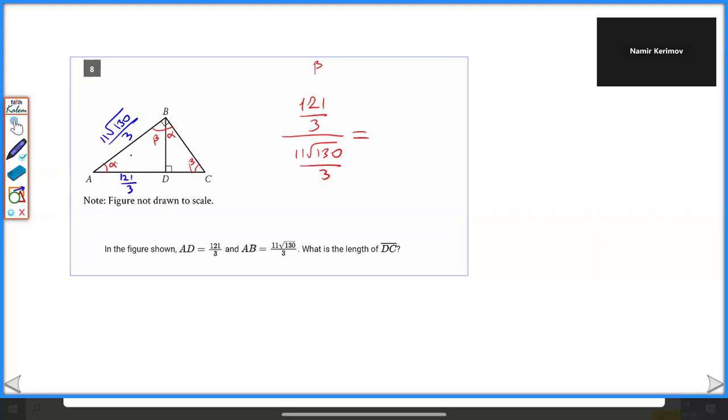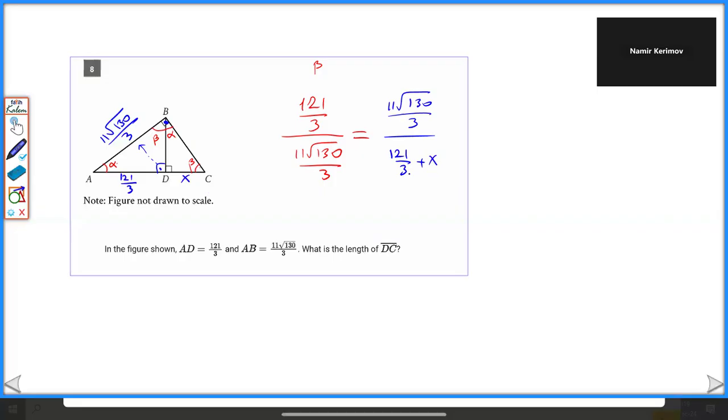And the side opposite to the 90 here is 11 root 130 over 3, over the side opposite to the 90 for the greater triangle, which is 121 over 3 plus, let's say DC, x.